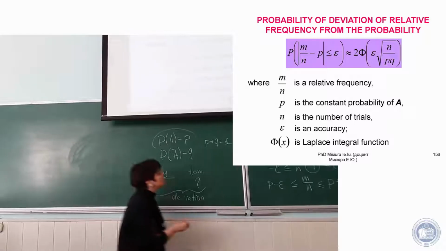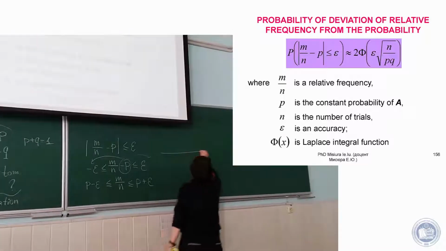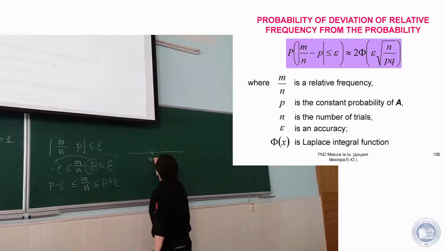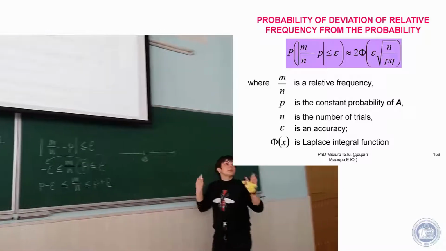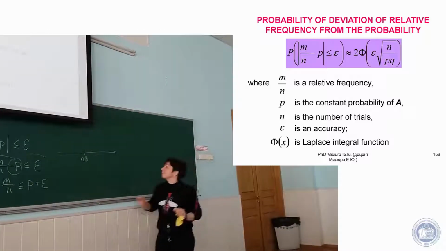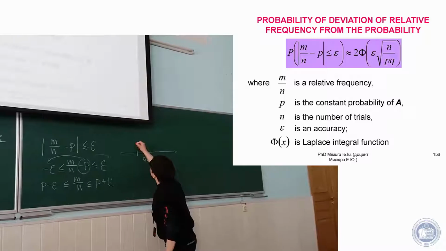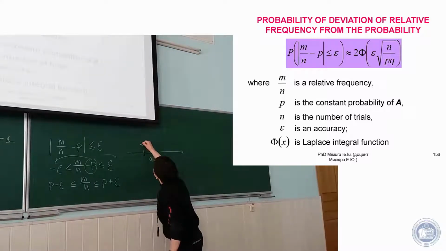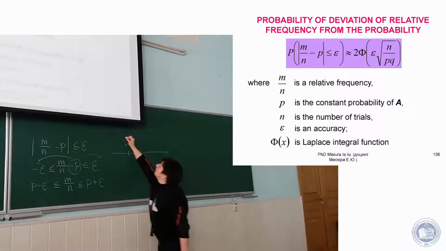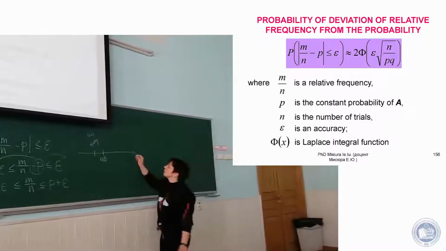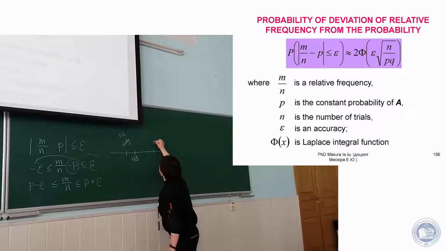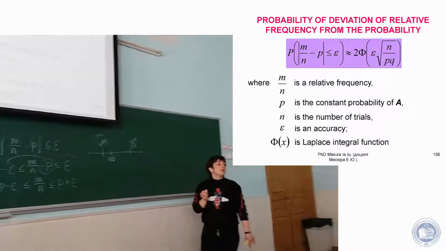This difference is called deviation. For example, students, constant probability will be 0.3. For example, today this probability equals 0.2. For example, tomorrow 0.8. What deviation do you have?